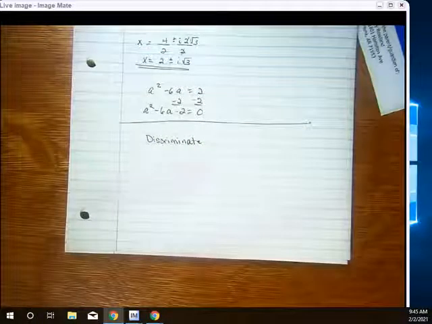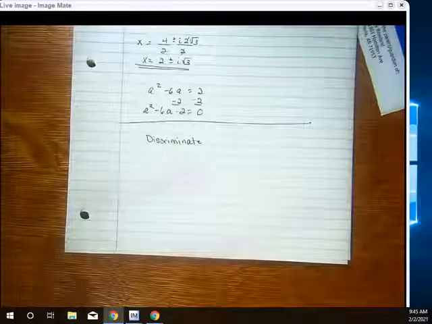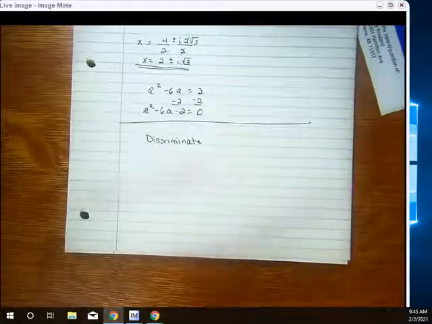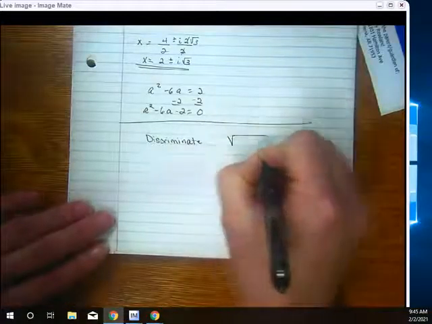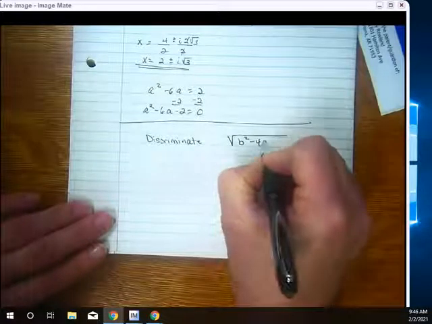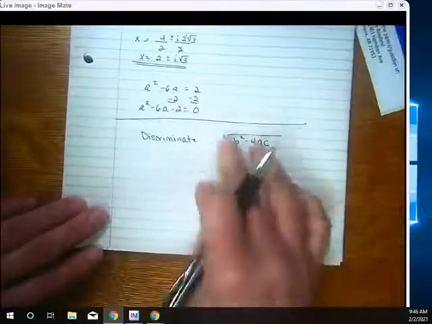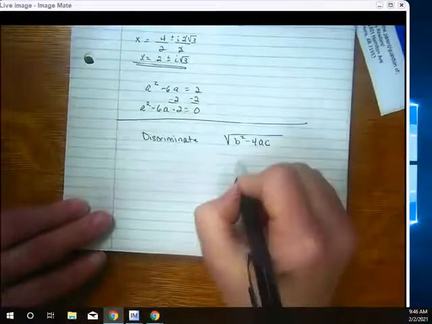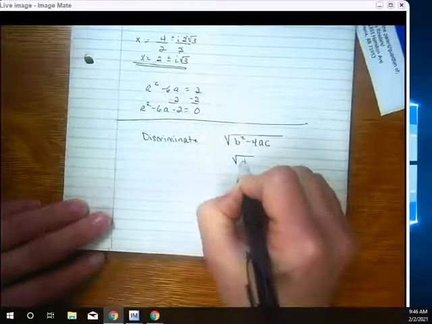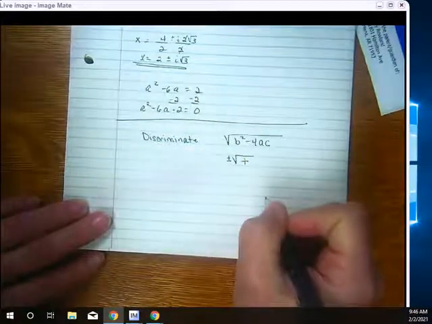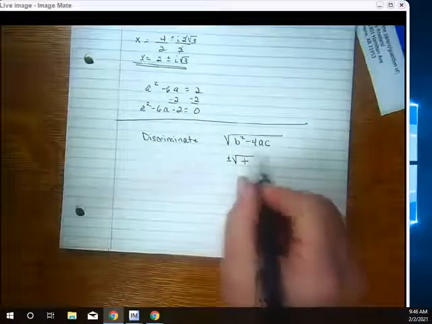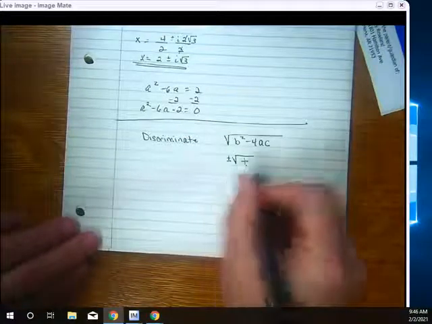The discriminant is the part of the quadratic formula underneath that radical, the b squared minus the 4ac. You're taking the square root. If you're taking the square root of a positive number, that square root is plus or minus. So that's 2 answers, and they're real because it's a positive number.